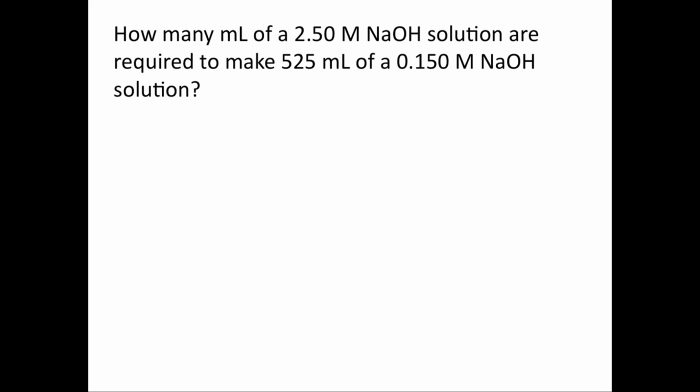How many milliliters of a 2.5 molar NaOH solution are required to make 525 milliliters of a 0.15 molar NaOH solution? We know that the molarity of something times its volume will equal the molarity of our other solution times its volume. Let's write down the information that we're given.